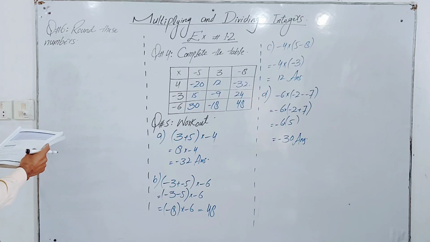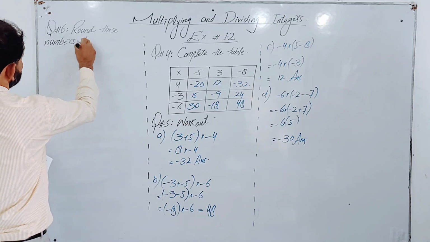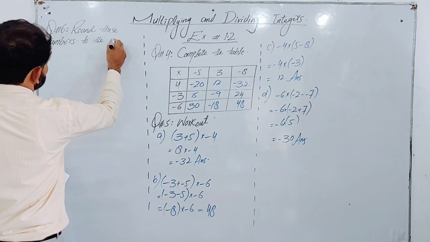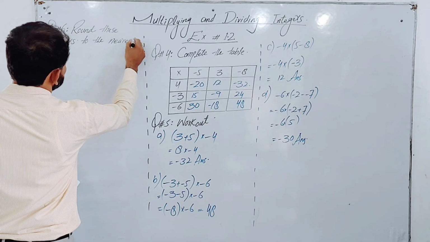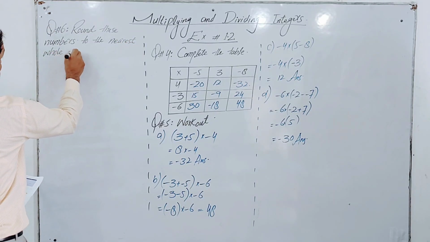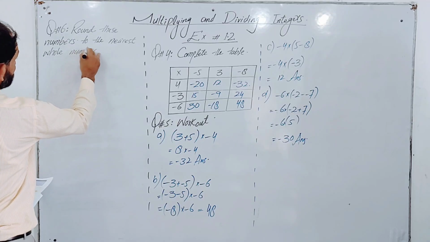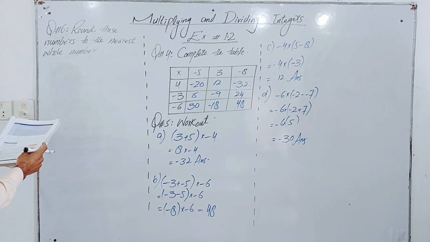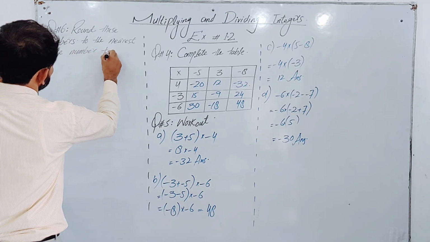Round these numbers to the nearest whole number to estimate the answer.